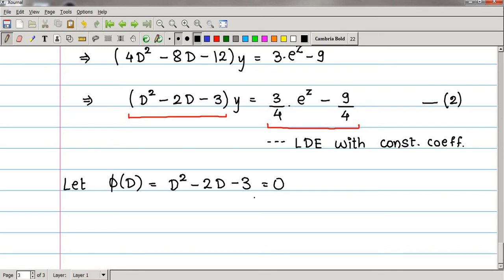If you find the roots of this equation, what will be the roots? The roots will be 3 and −1, because the product of these two will be −3 and the sum 3 − 1 will be 2.